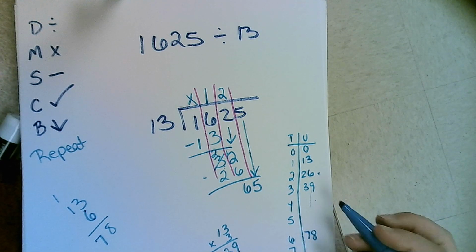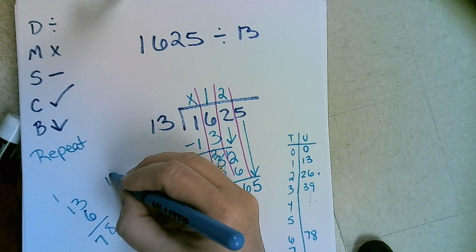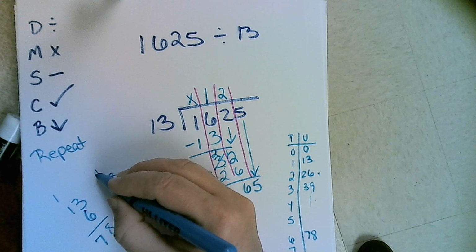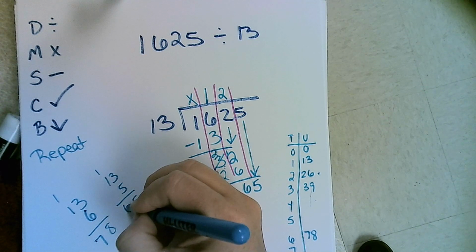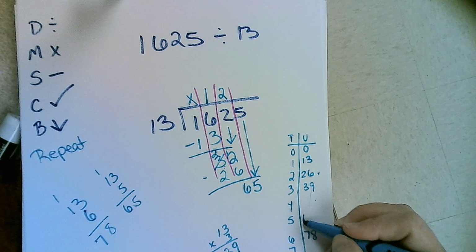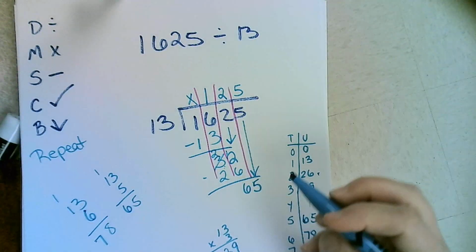I'll write it over here. Ooh, that's too big. That means I probably should have picked 5. All right, 5 times 13, 15, 65. Oh, that's perfect. So I'm going to put 5 up here.